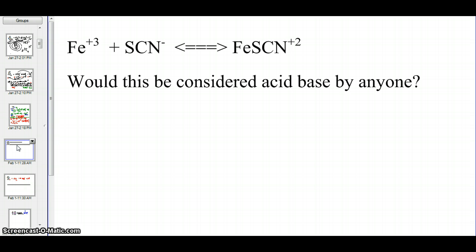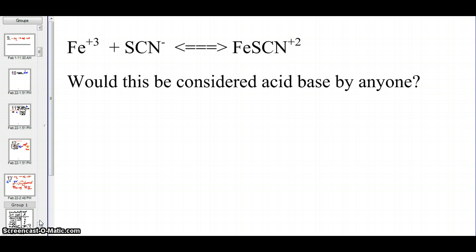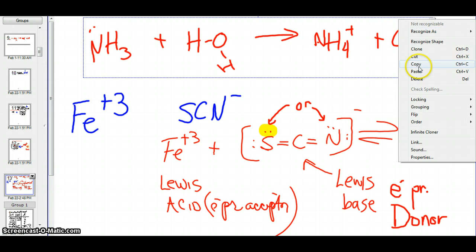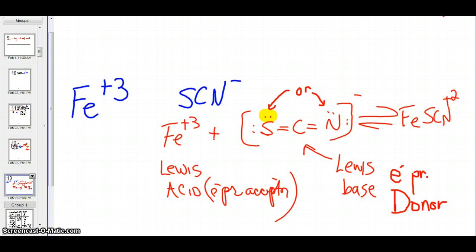The iron ions and the SCN. Now, in order to address this question, you're going to have to look at the structure of FeSCN to understand it more carefully. So let's zip over to that one and just focus your attention on this equation.